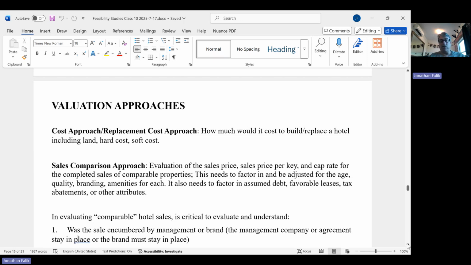Then when we look at the sales comparison approach, right, we can look at the sales price, we can look at the price per key, we can look at the cap rates in some cases where we can get information on what the NOI has been.